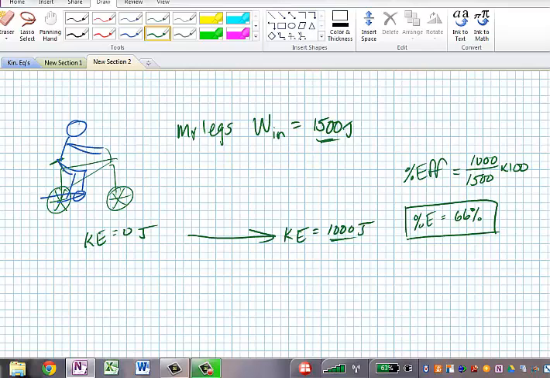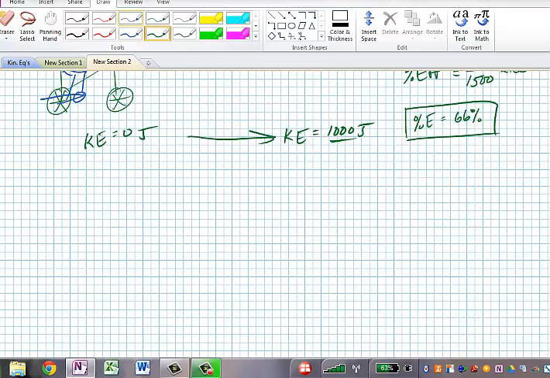Maybe a more practical example, and one that's a little bit different from the stuff we've looked at, but it's the same in principle. Say I have an electric motor. So here I have a plug in the wall, and I've got something plugged in to an electric motor that, let's just say, spins something. Let's keep it simple.